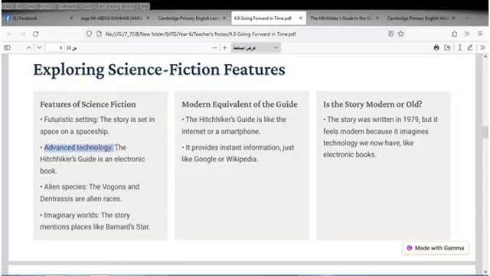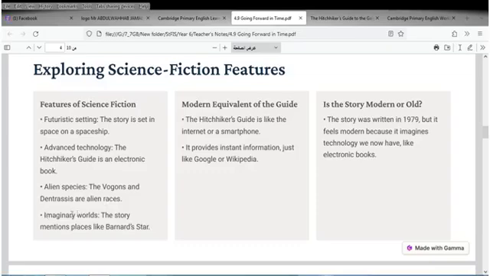We have advanced technology because the Hitchhiker's Guide is an electronic book which at that time wasn't invented yet. It is a futuristic technology. Alien species. We have the Vogons, we have the Dentrassis, we have Ford, okay, the alien races.